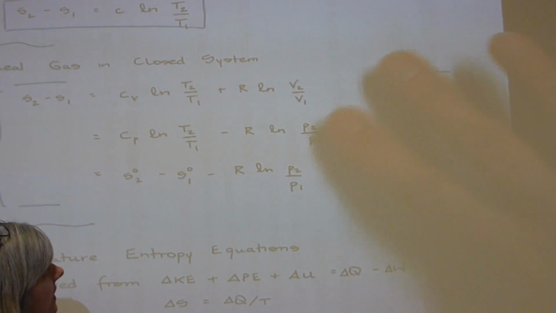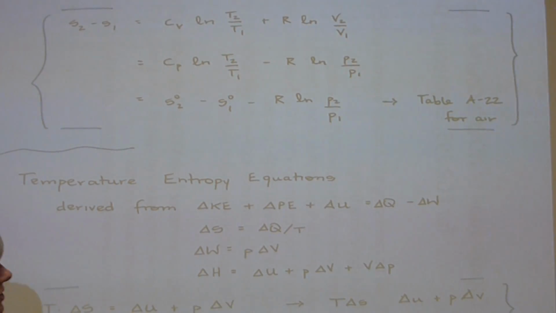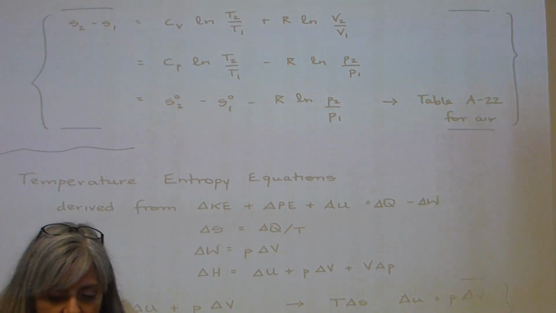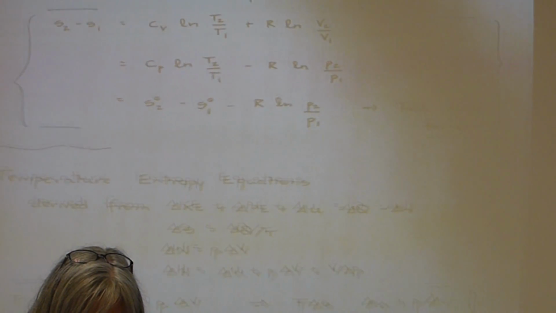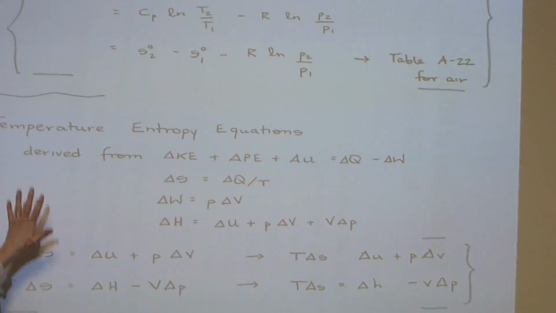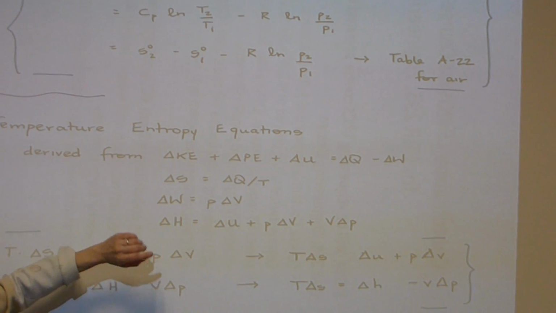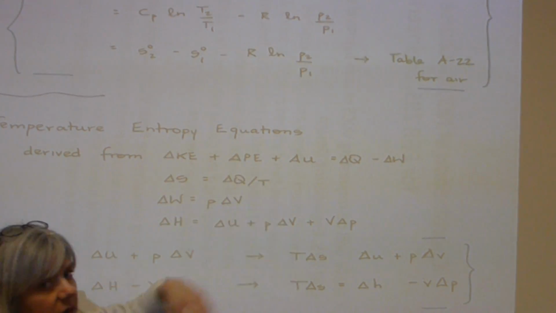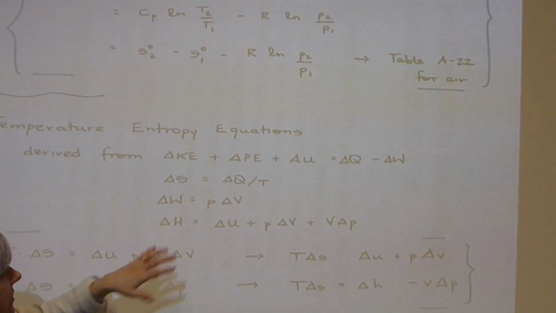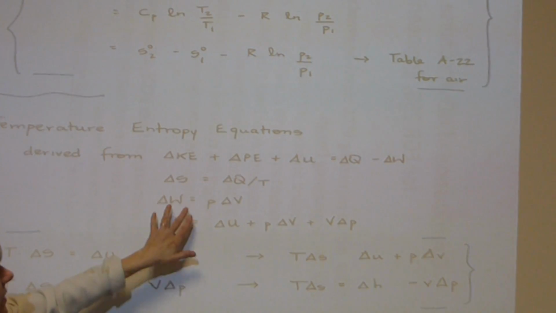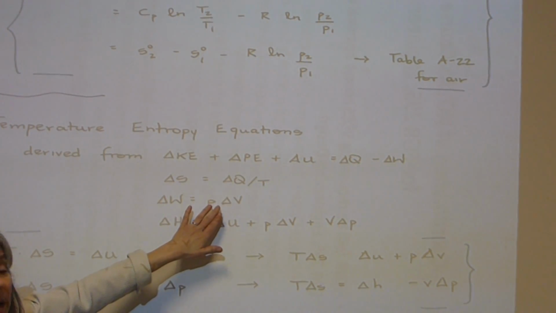Okay, we also then have a set of equations. I hope you can see this okay. So I'm going to scoot it up a little bit. We have a set of equations now that are based on temperature. And I'm not going to rederive all of these, but we start with our energy balance equation. We use what we know about entropy. We use what we know about expansive work.